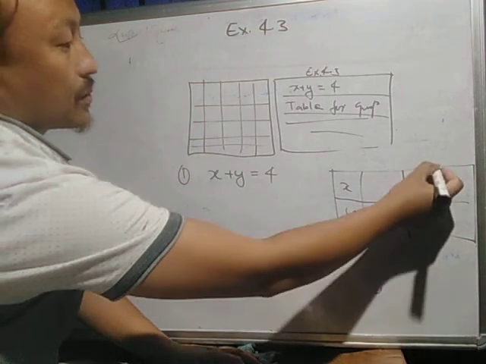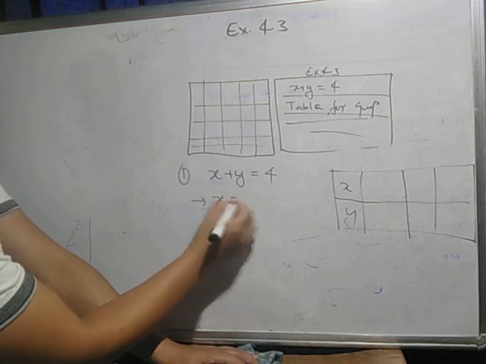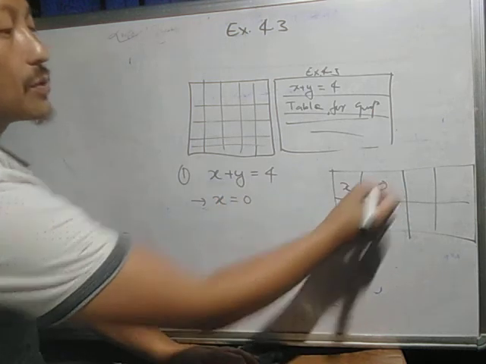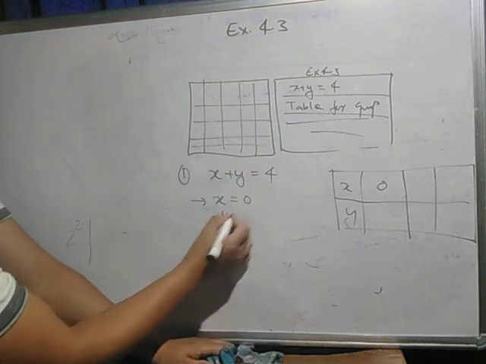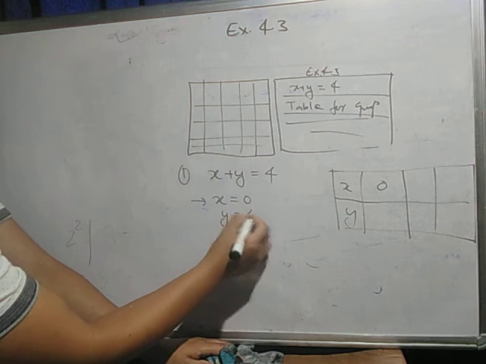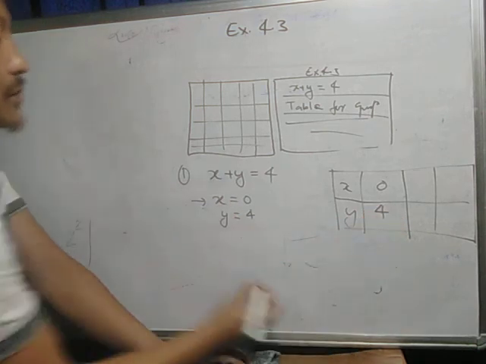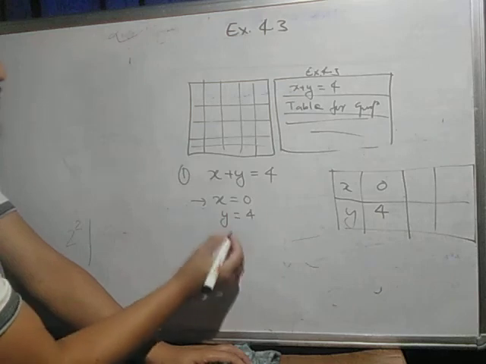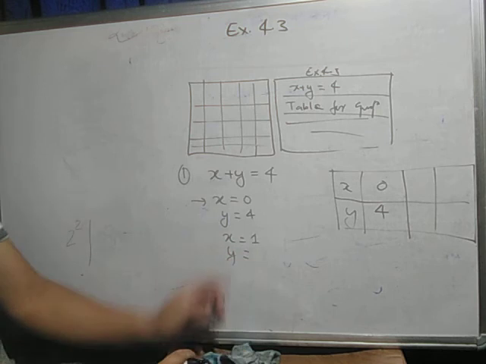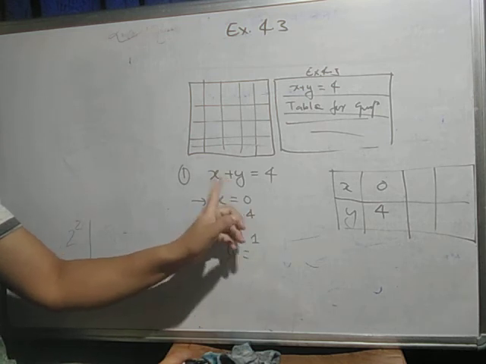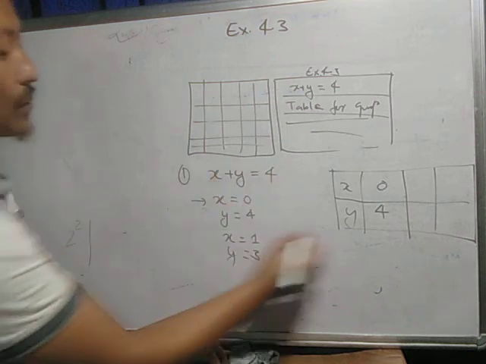From equation number 1, if I take x equals to 0 and put the value of x equals to 0, then y equals to how much? Solve this, you'll get y equals to 4. For the second point, x equals to 1, y equals to how much? 1 plus y equals to 4, so y equals to 3.